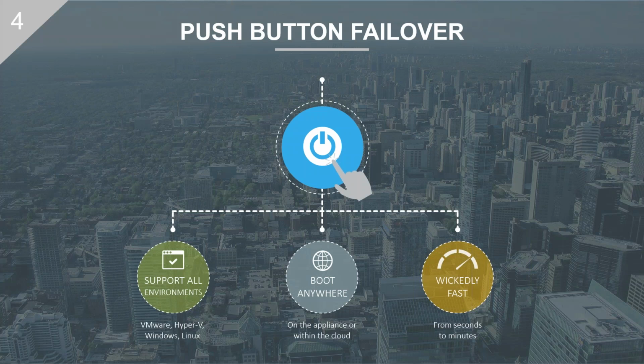So that brings us to number 4. And this is push button failover. We talked earlier about those micro and macro disasters and really the importance of protecting your business against both types of outages, protecting your customers. So in order to quickly recover from micro disasters, you want appliance-based failover, again with the push of a button.